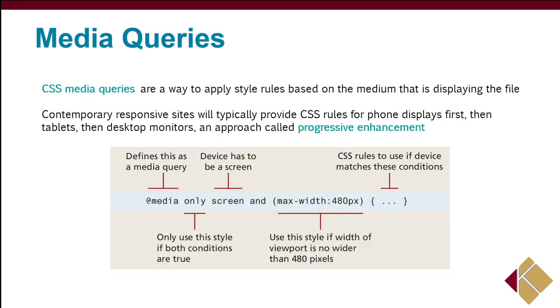Why is viewport important? Because that is how we attack it with CSS to make it look different. We do that by using a media query. CSS media queries apply rules based on what's displaying it. Okay? When you lay out your CSS, you have your CSS rules for phone displays generally first.